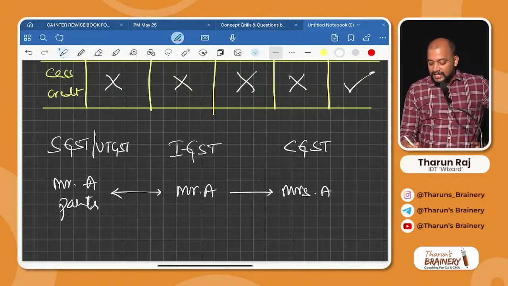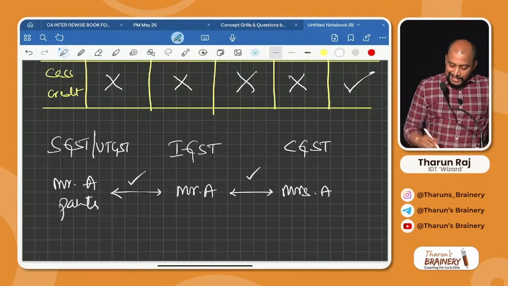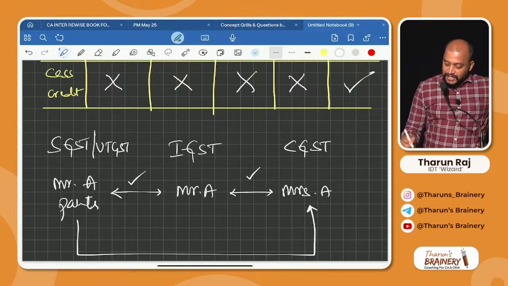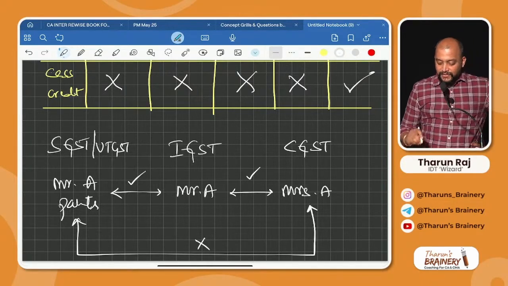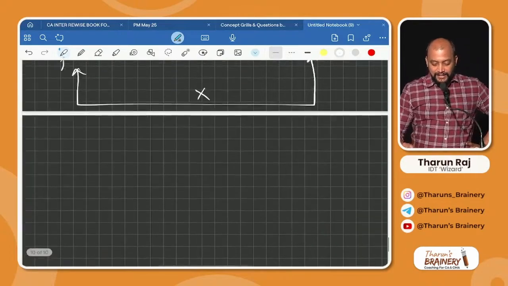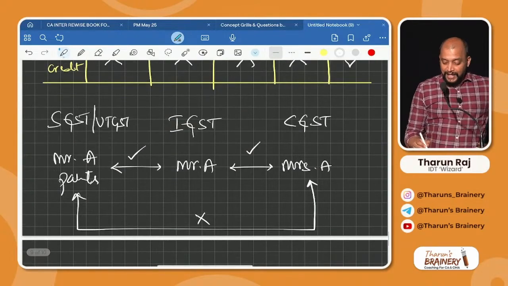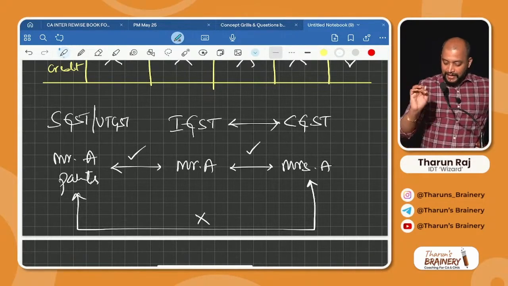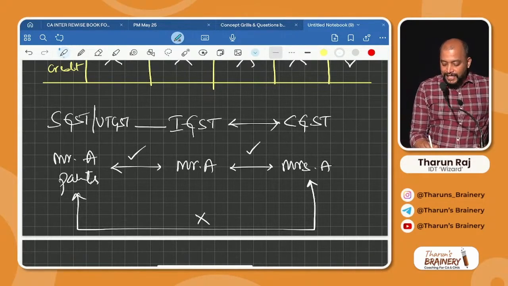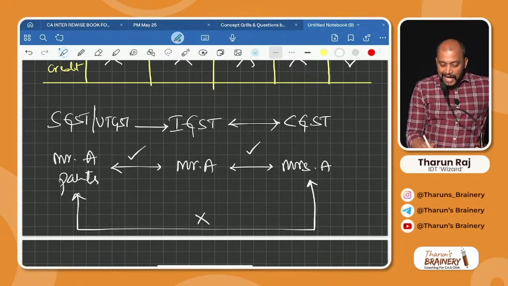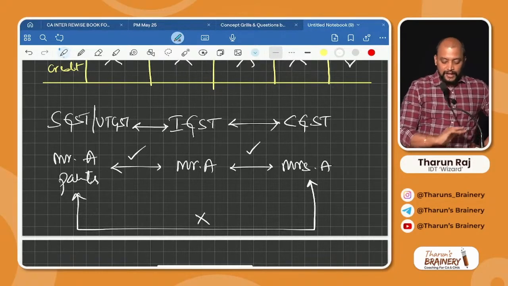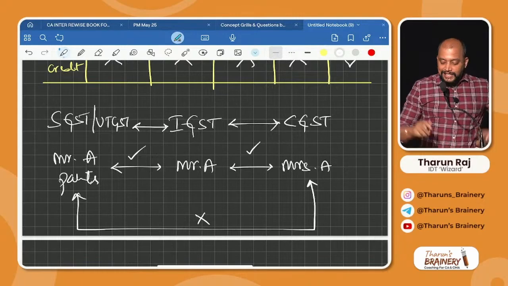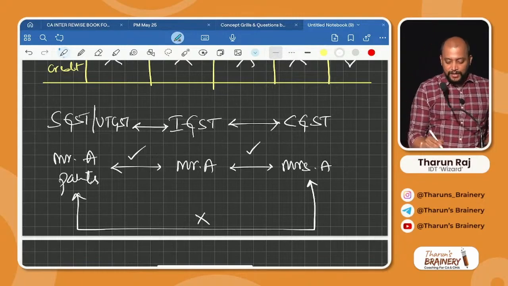He will adjust with his wife and she will adjust with him. But his parents will never adjust with his wife, and she will never adjust with his parents. You understood or not? So, IGST can be set off against CGST, CGST can be set off against IGST. Then SGST, UTGST against IGST, but SGST, UTGST against CGST is not possible.